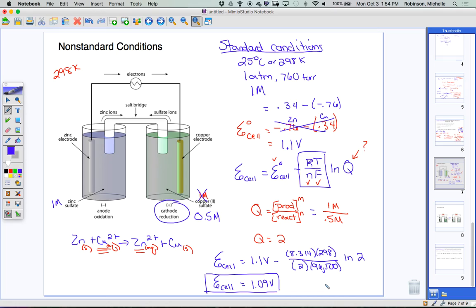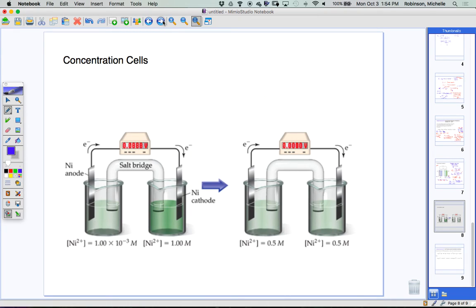All right, so do you see how to calculate it at non-standard conditions? Because concentration can be a driving force, you can actually have a cell that is considered a concentration cell, with the same thing on both sides.